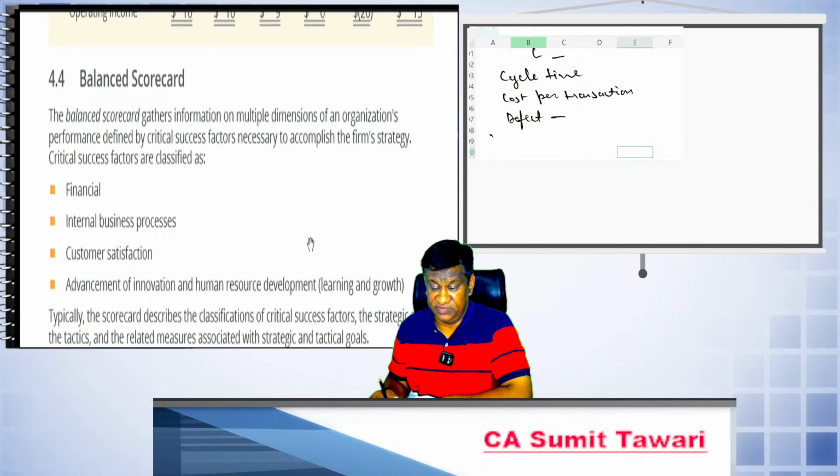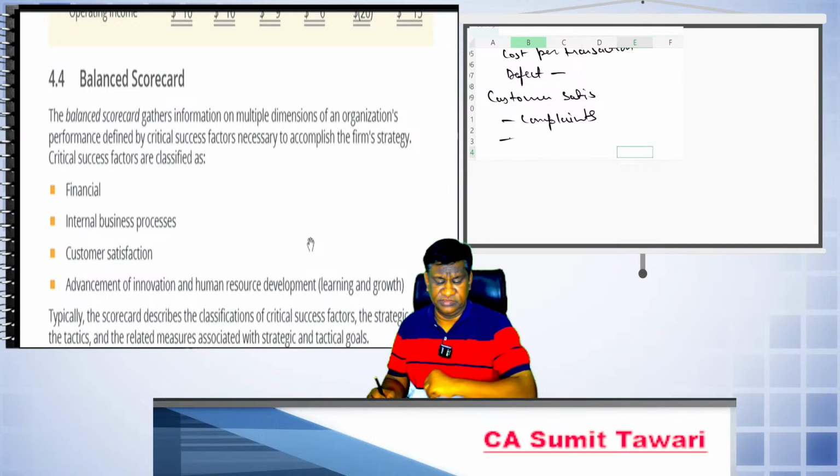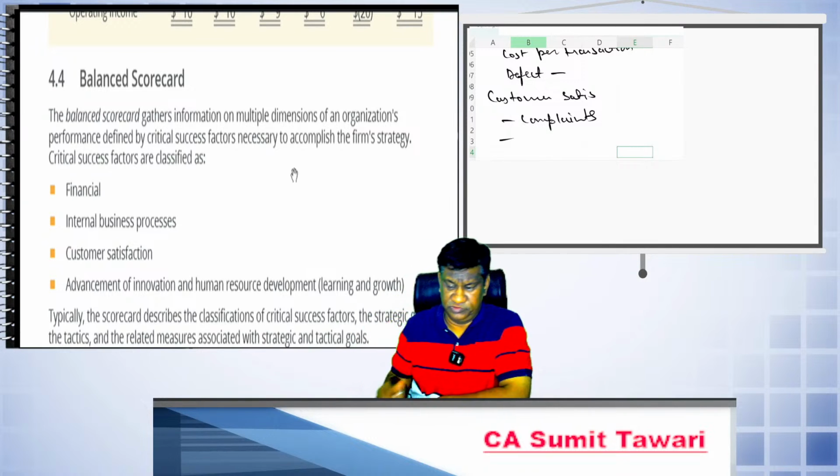Then customer satisfaction. Feedback, so complaints, the number of complaints in a month. Then what we just learned, post-sale service.